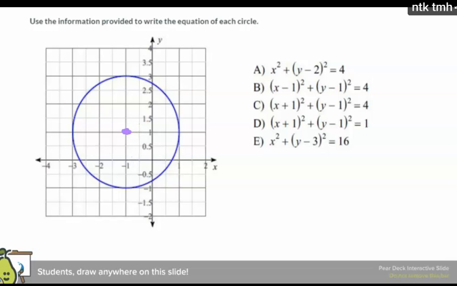And you guys can write that in there. You can put that dot on your screen. So I need to plug -1 and +1 in here, but remember that I changed the sign of it. -1 and +1. And then let's see what our radius is. It goes out 1 unit, 2 units.